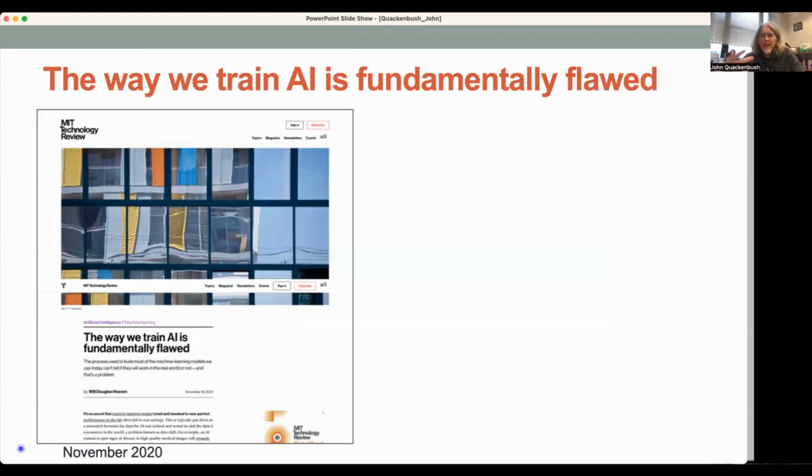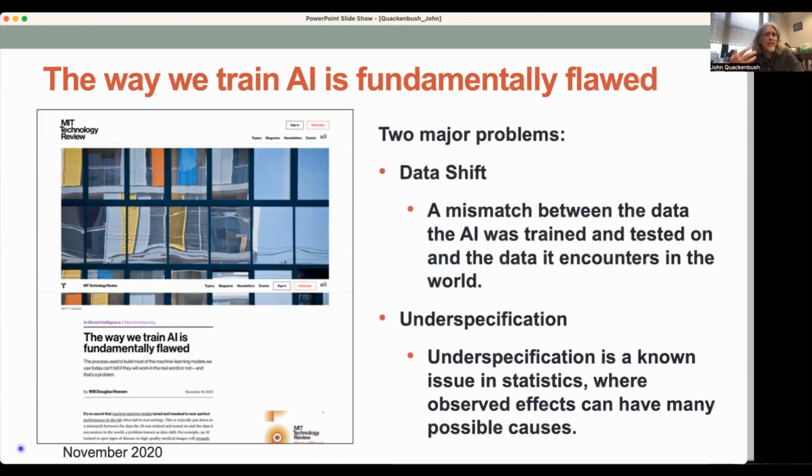So, why has AI struggled? Well, there was an interesting paper that appeared in the MIT Technology Review now just about 3 years ago that was entitled "The Way We Train AI Is Fundamentally Flawed." And they listed two independent problems. One is the problem of data shift.